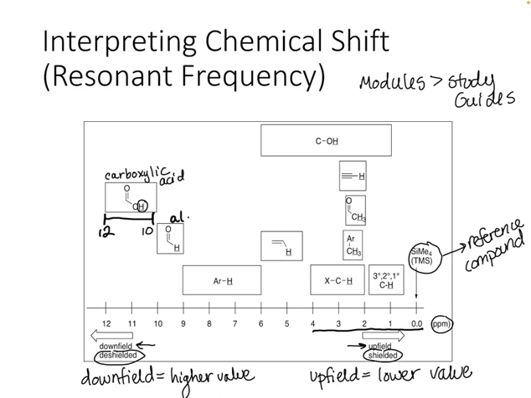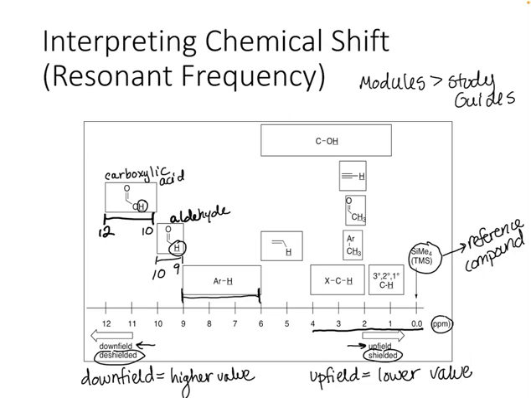Now, aldehyde protons, their peaks will show up anywhere from 9 to 10 ppm. On the last slide, we talked about benzene, and we said that its protons would show up at about 7.26 ppm.